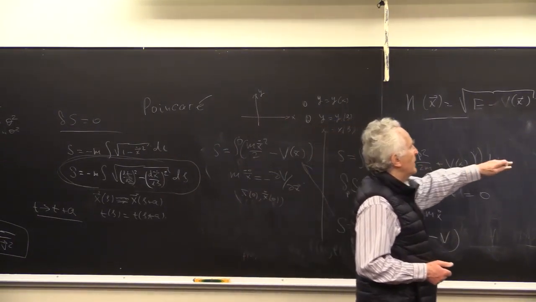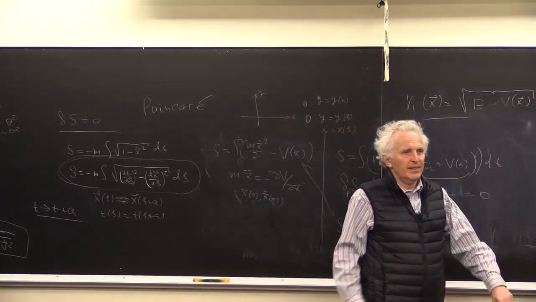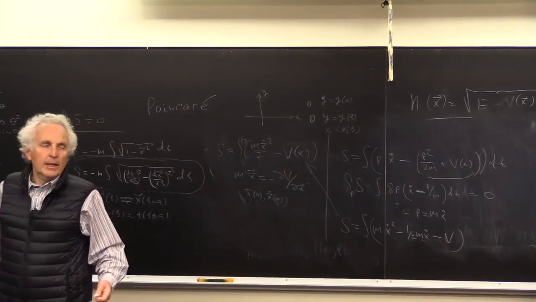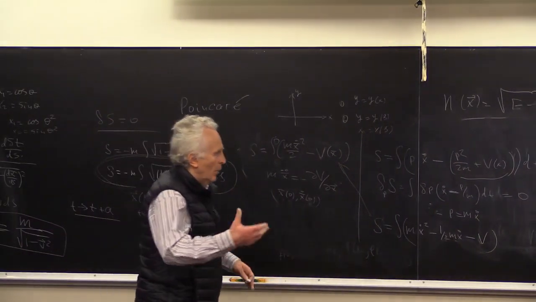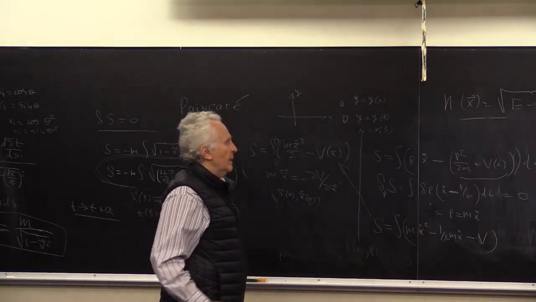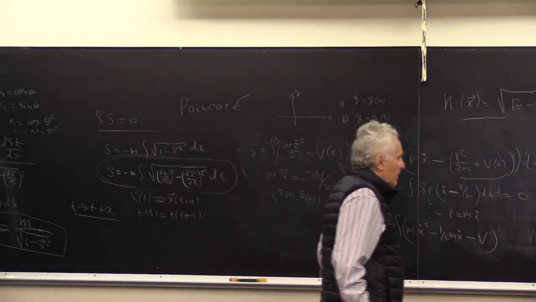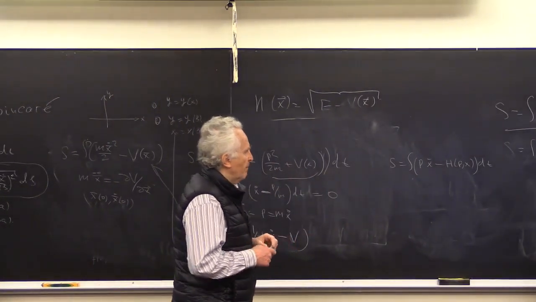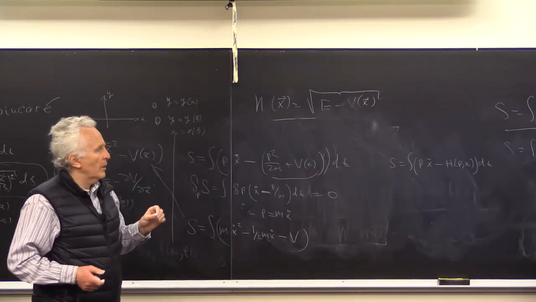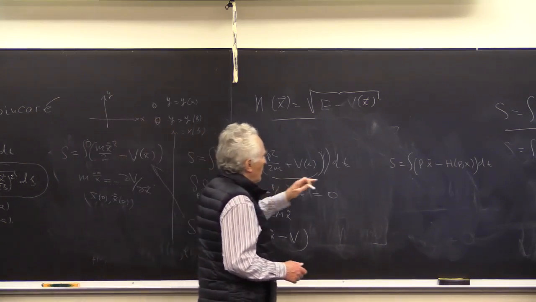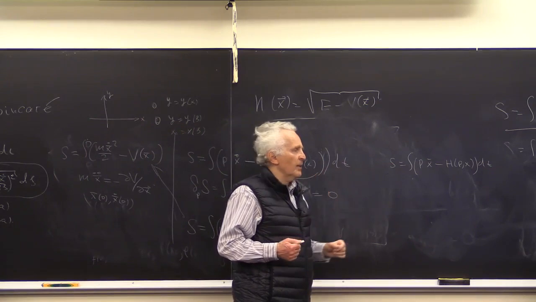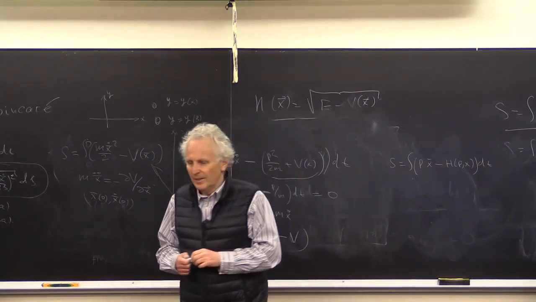Let's calculate the energy related to this action. How shall we calculate? Always remember that calculation of energy is related to reparametrization of time. So when you have this action, give me a guess first what the energy will be.